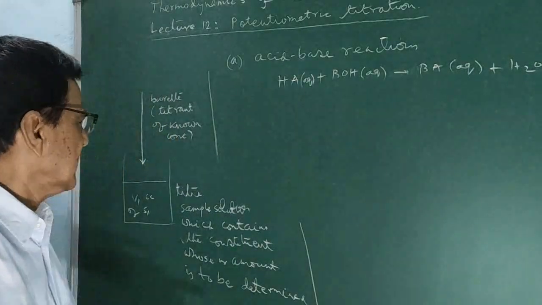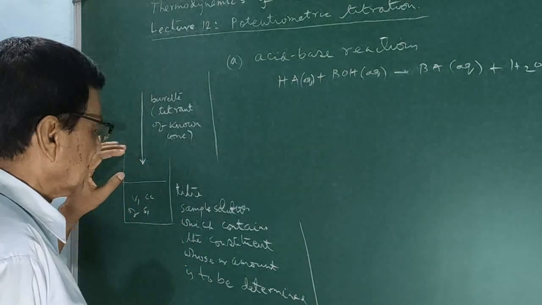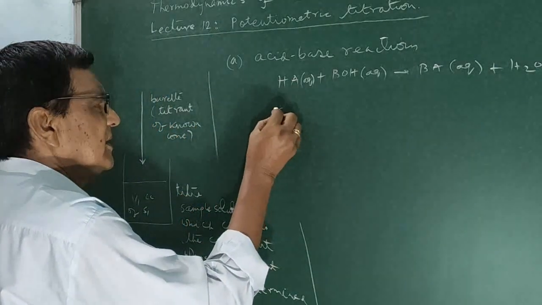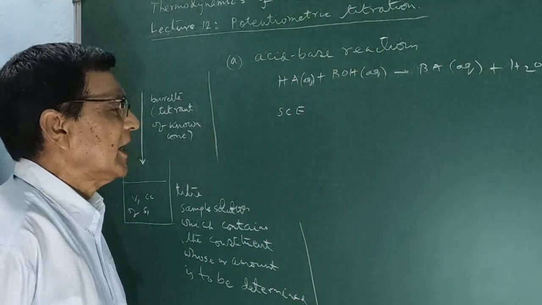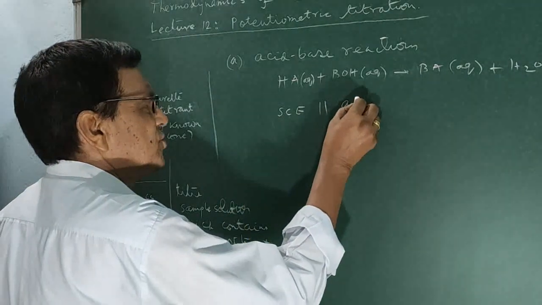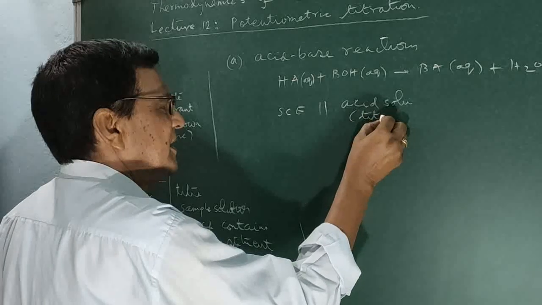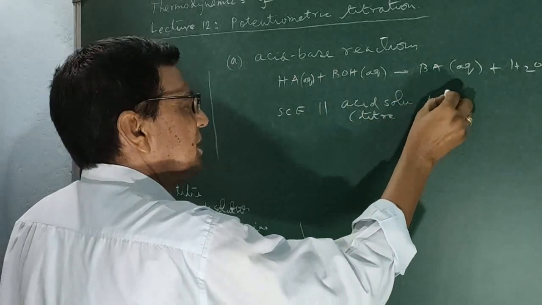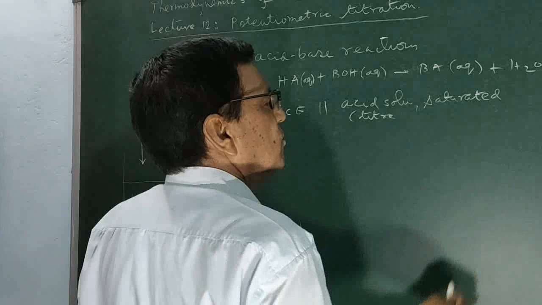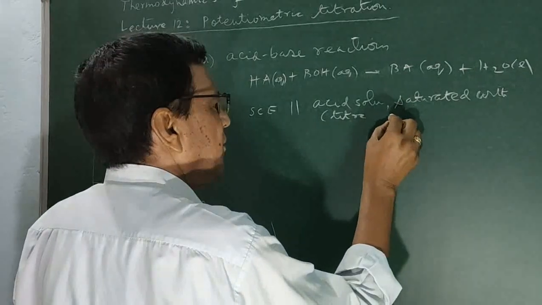So here, if we use the quinhydrone electrode as the indicator electrode, then we can set up a cell here: the saturated calomel electrode and the salt bridge and the acid solution, say it is the titer, saturated with quinhydrone.